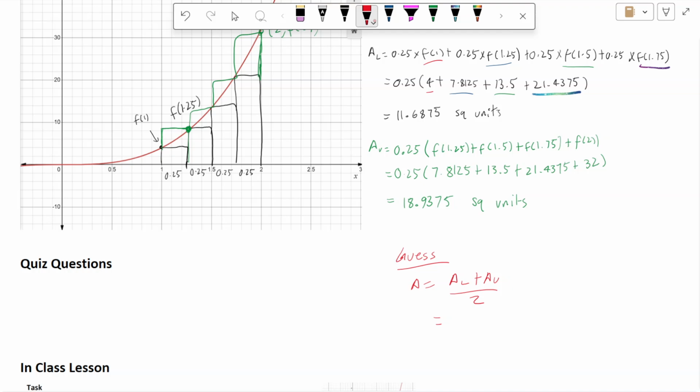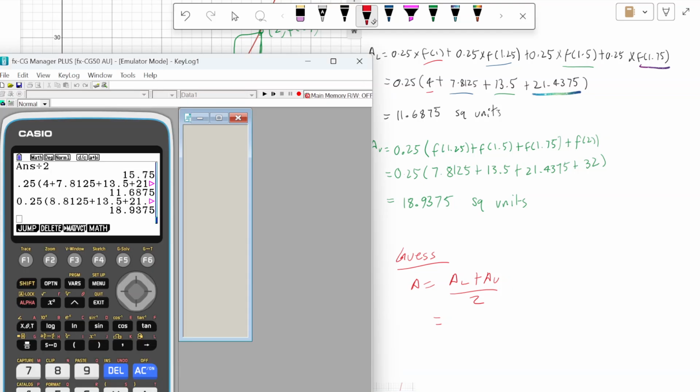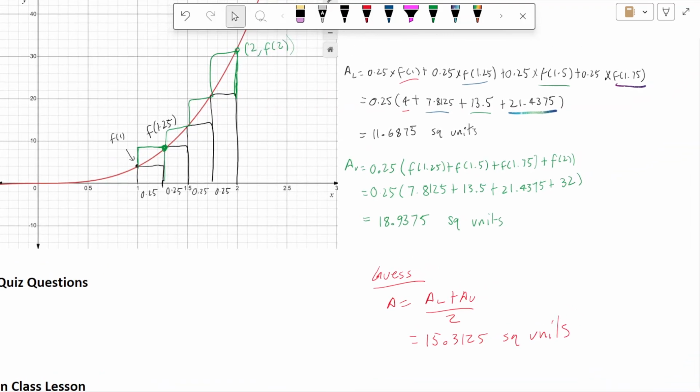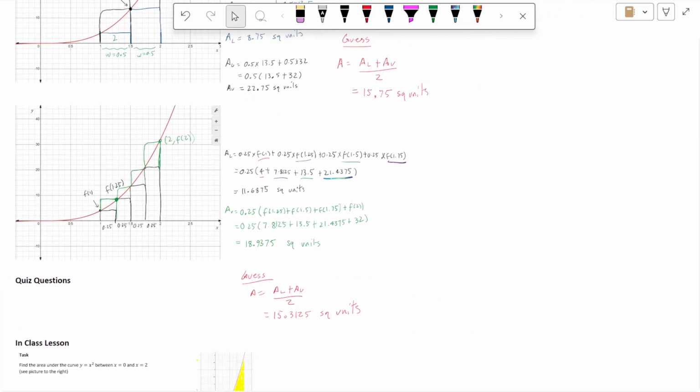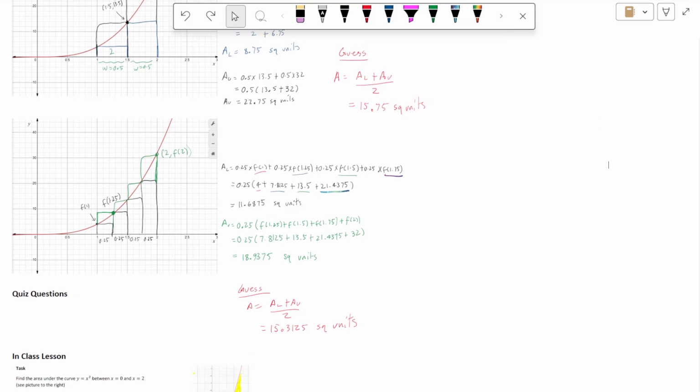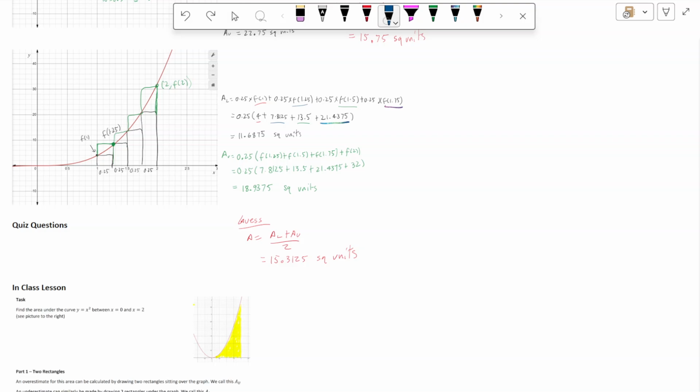And that would equal 11.6875 plus 18.9375 all over 2, so 15.3125. So our first guess was 15.75, that was our first guess up there. Our second guess was 15.3125. And we're getting closer and closer to the real value.